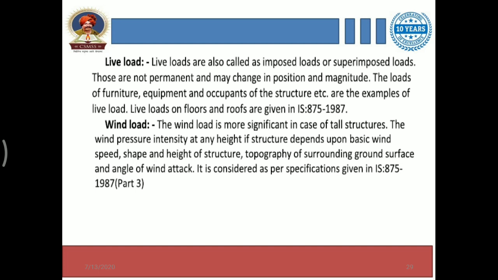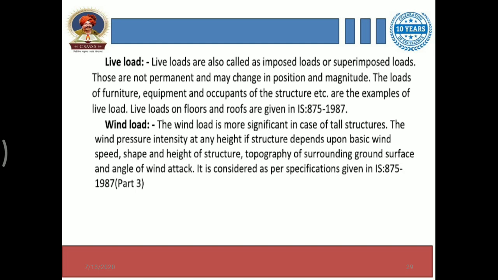The wind pressure intensity at any height of the structure depends upon basic wind speed, shape and height of the structure, topography of the surrounding ground surface, and angle of the wind attack. These are some parameters on which wind load depends.